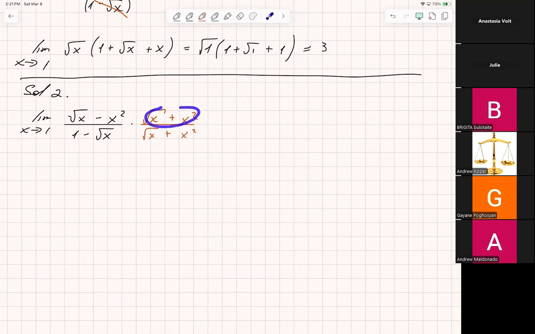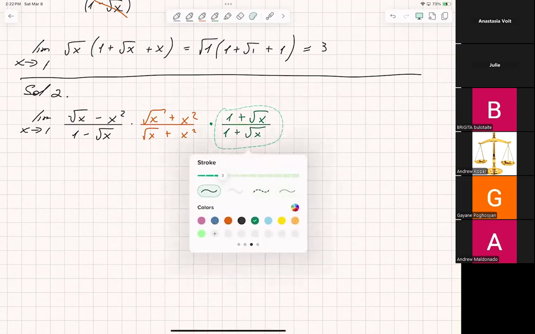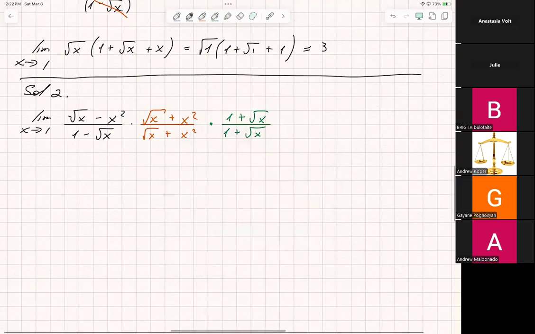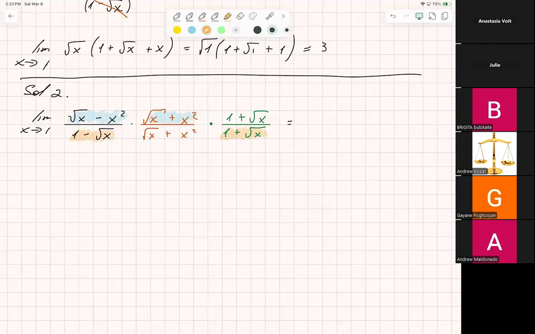So that would be the conjugate for the numerator. And then we simultaneously multiply by the conjugate of the denominator, which is 1 plus square root of x, right? Let me make it a different color. Okay. So now we will combine these two into one factor and these two into another one, okay?